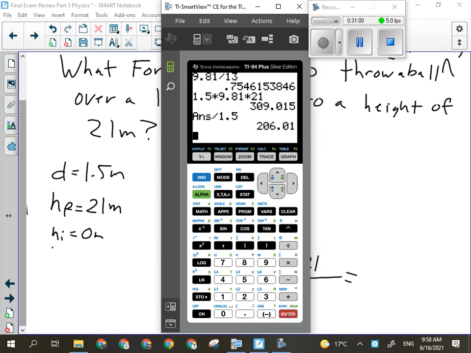All right, so 206 newtons would be the force required for that. Does that make sense?